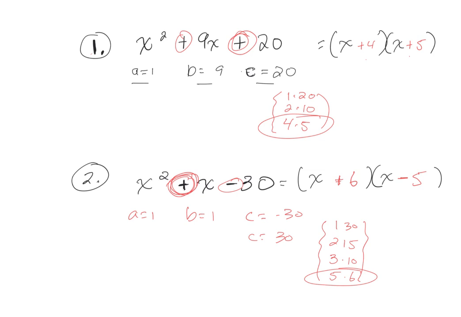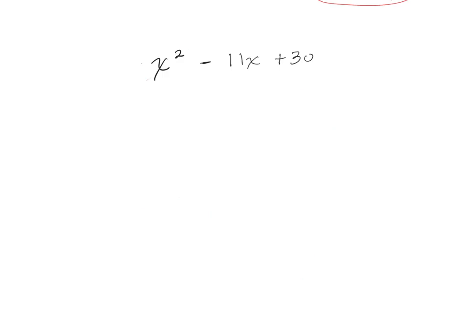Now, there's one more type that we're going to do. What about this situation? What if I have a trinomial and I have a is equal to 1, b is equal to negative 11, and c is equal to 30? When I have a negative b and a positive c, well, the steps are the same.